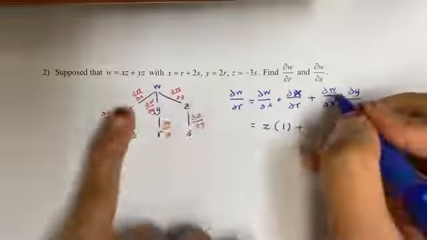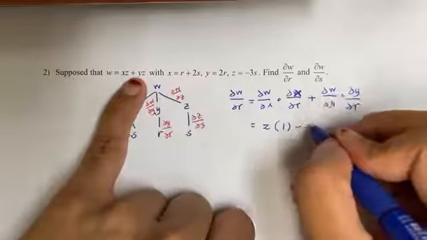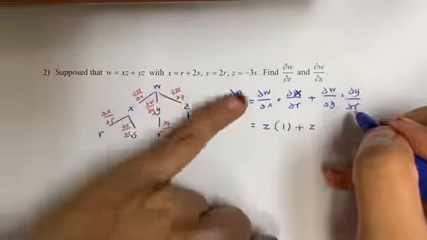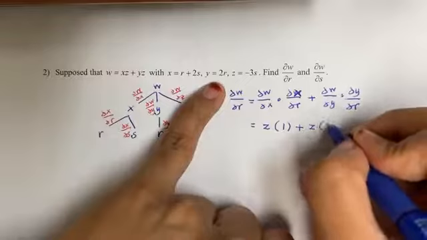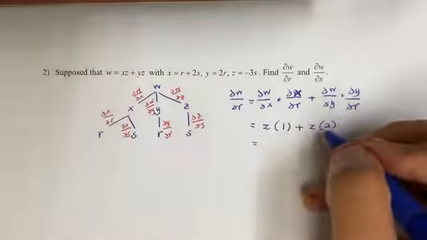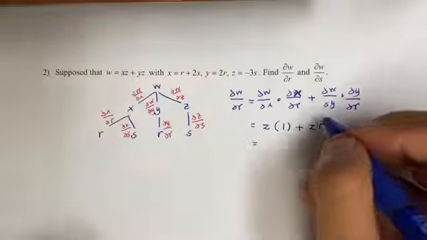Plus del w over del y is z as well, and del y over del r is equal to 2. So from here you have z plus 2z, so you have 3z.